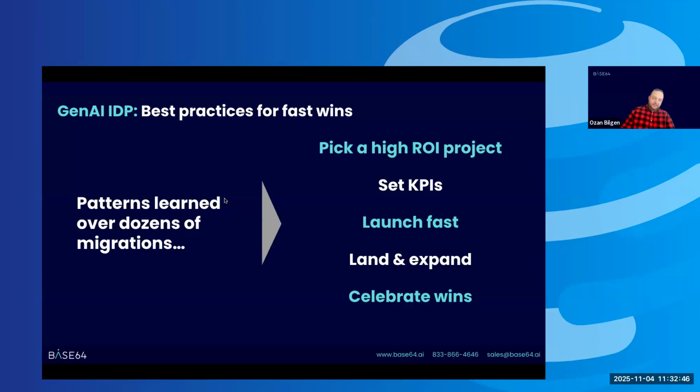Next is land and expand. Land and expand means starting with one project and using it in other departments. Base64 Gen AI is a versatile platform that understands over 2,800 document types out of the box without any training.